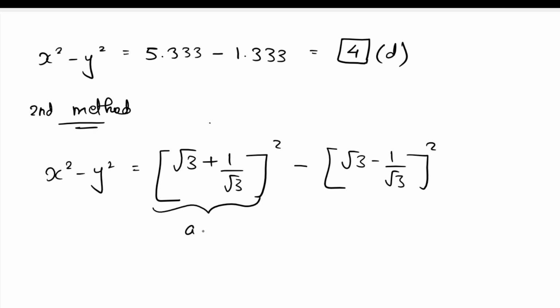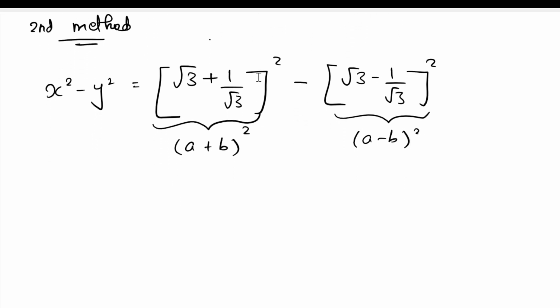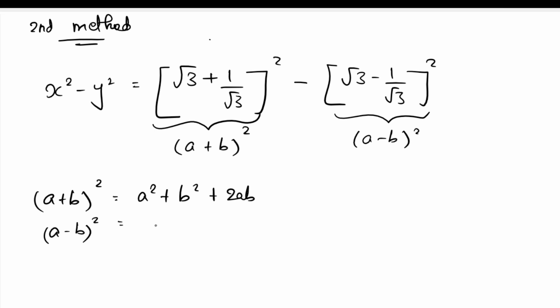Now this is in the form a plus b the whole square, and this is in the form a minus b the whole square. So using the formulas, a plus b the whole square, which is equal to a square plus b square plus 2ab, and a minus b the whole square, which is equal to a square plus b square minus 2ab.